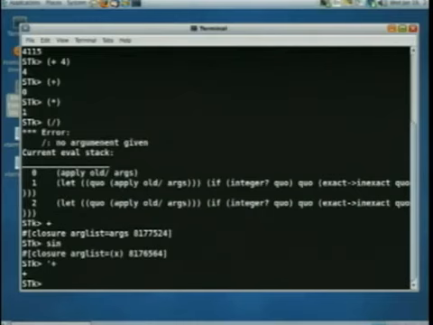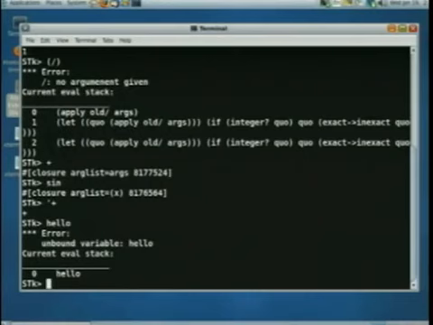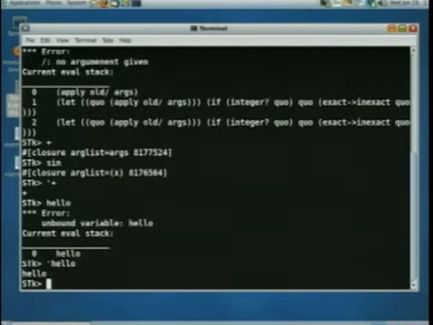And quote followed by any word, the value of that is just that word. So if I say hello, I get an error. I'm asking what's the value of the symbol hello, and there isn't a value. But if I say quote hello, I get back hello. Okay? Questions so far?